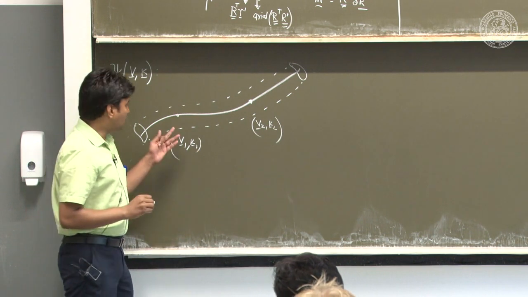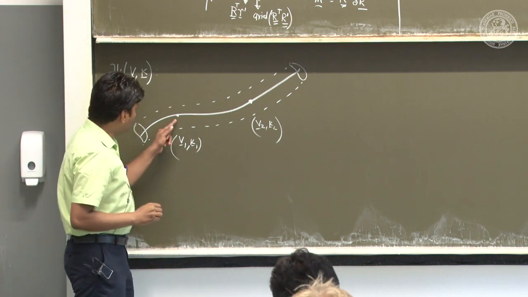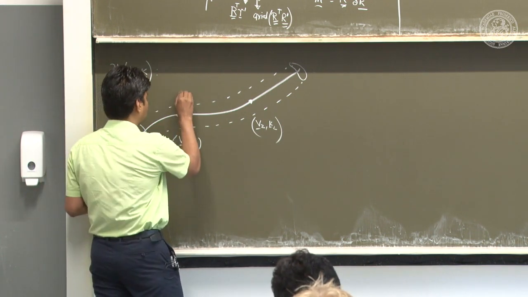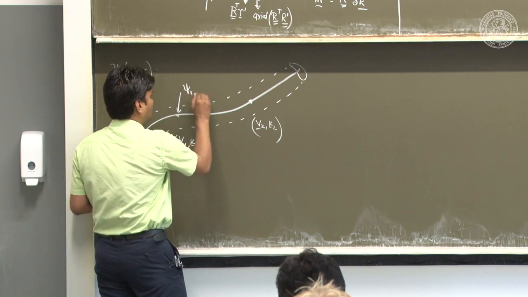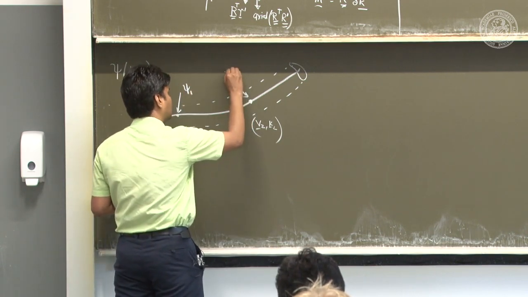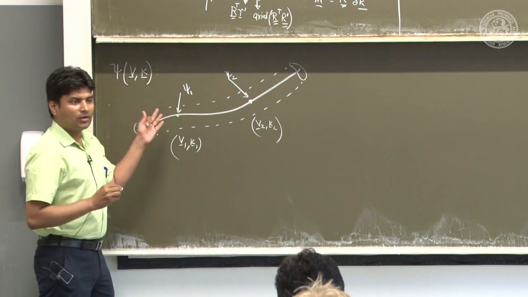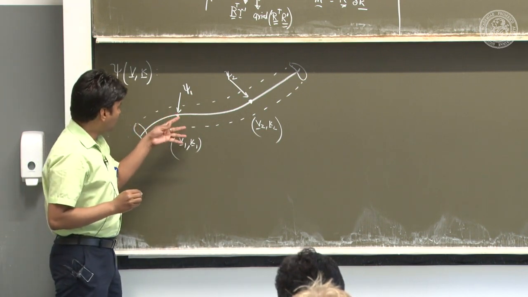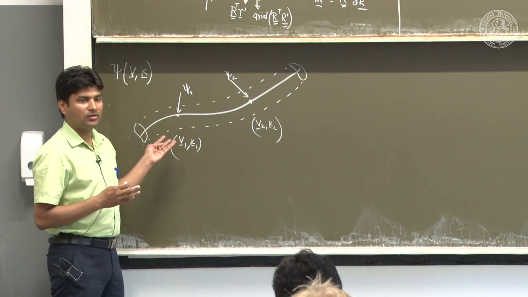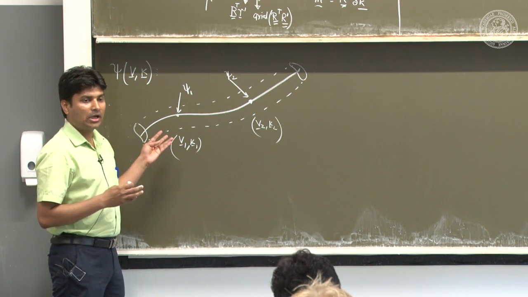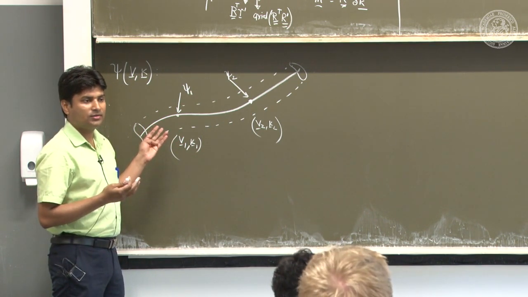And if I say it has got psi 1 over here and psi 2 over here, then that is the energy of which part of the rod? Psi 1 is the energy of which part of the rod?